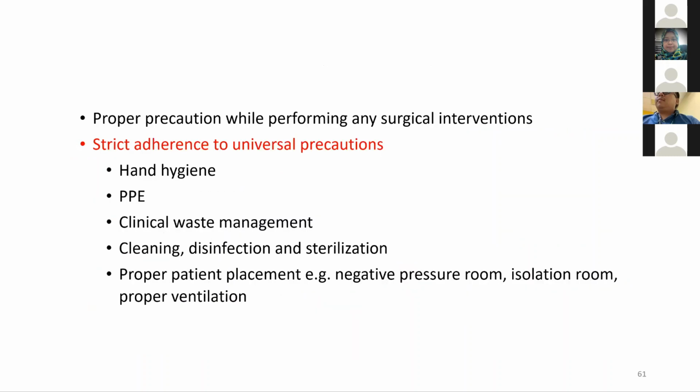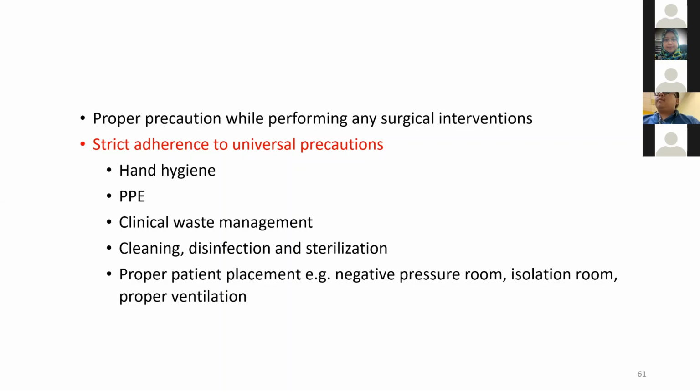And if the patient happens to require any form of surgical intervention, it should be done under proper precautions, involving strict adherence to universal precautions, frequent hand hygiene, donning proper PPE, doffing properly, appropriate clinical waste management, and ensuring cleaning and disinfection processes are conducted correctly.